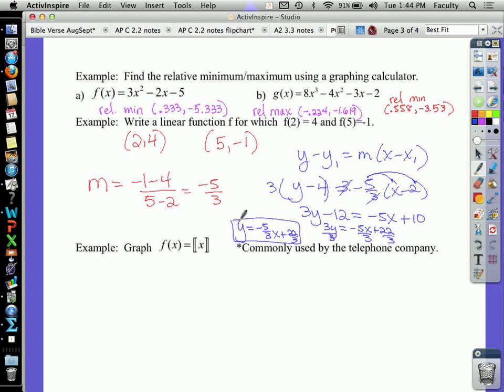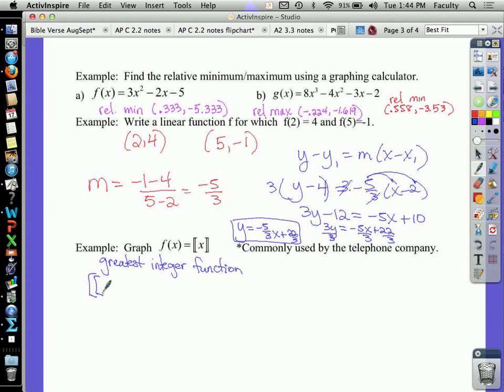Doing okay. All right, the next example, f of x equals, and this is referred to as the greatest integer function. What they mean by the greatest integer function is, what is the greatest integer less than or equal to the given number.